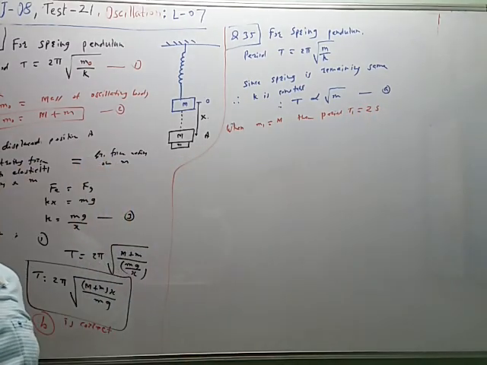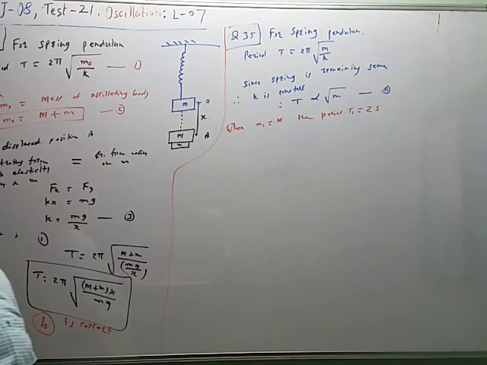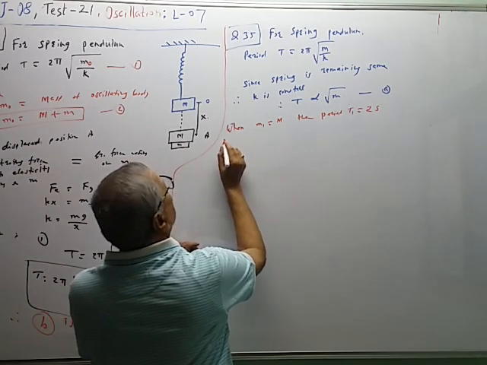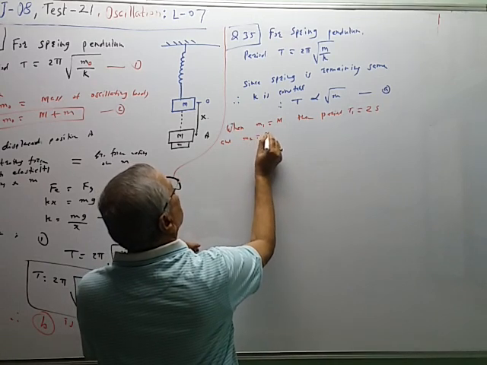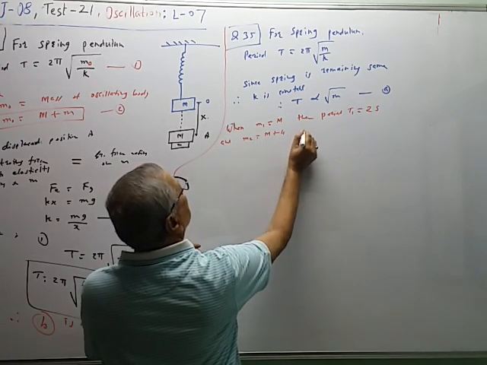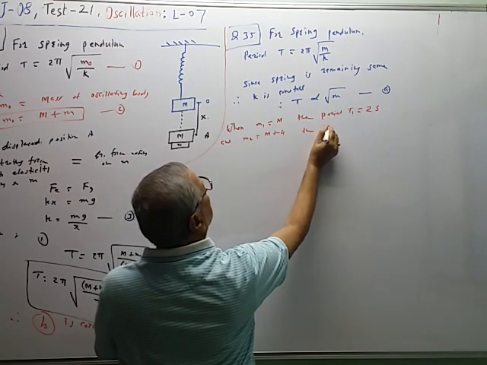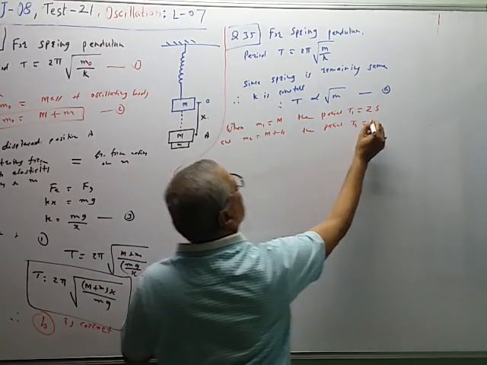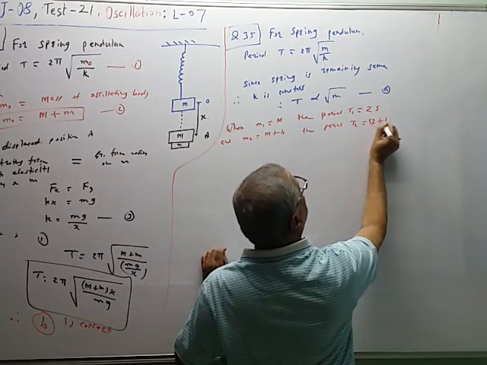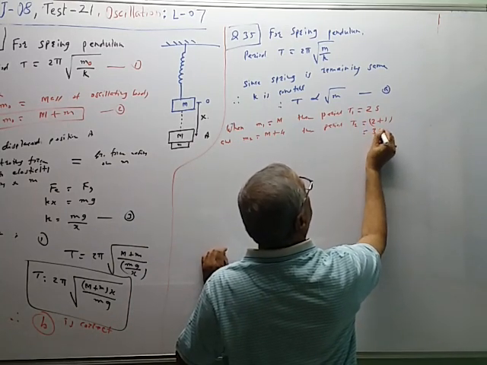Check the value. For first mass m period is 2 seconds and m2 is equal to m plus 4, then period t2 is equal to 2 plus 1, that is equal to 3 seconds.